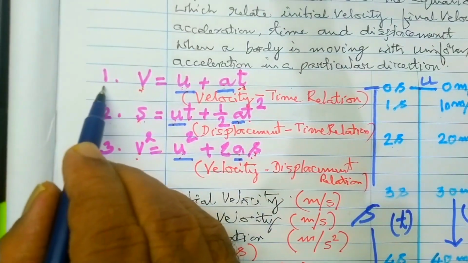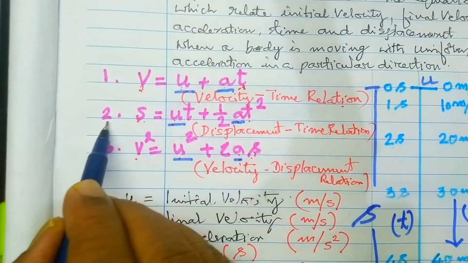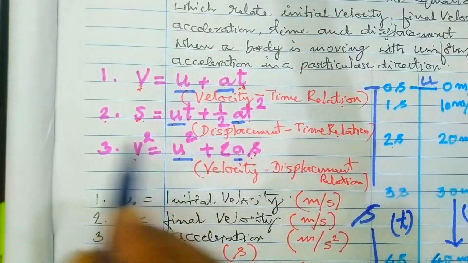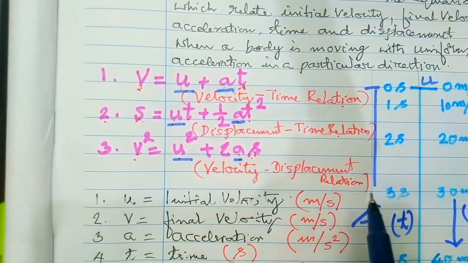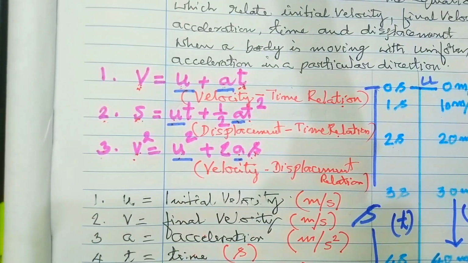I repeat. The first equation is called the velocity time relation. The second equation is called the displacement time relation. The third equation is called the velocity displacement relation. In the examination, the derivations are most important 3 marks and 5 marks questions.